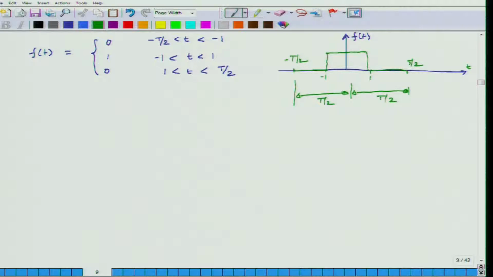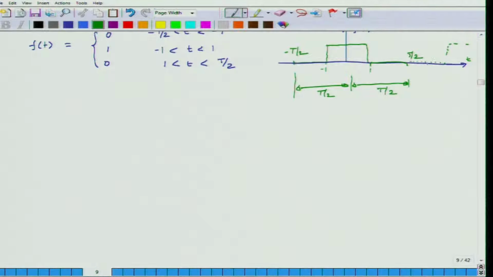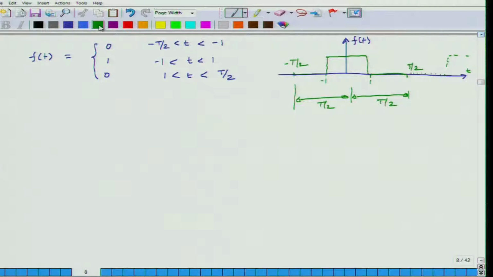The function repeats after a time period of T, and we will assume in this context that T is more than 2.